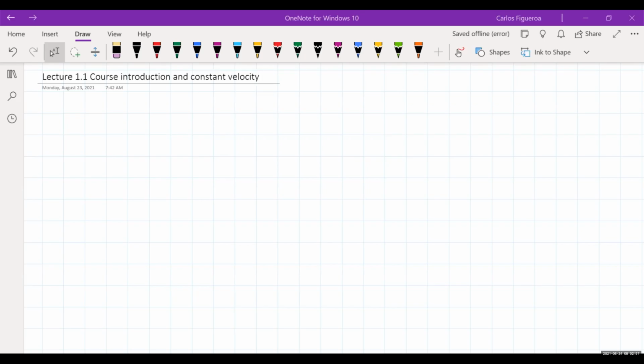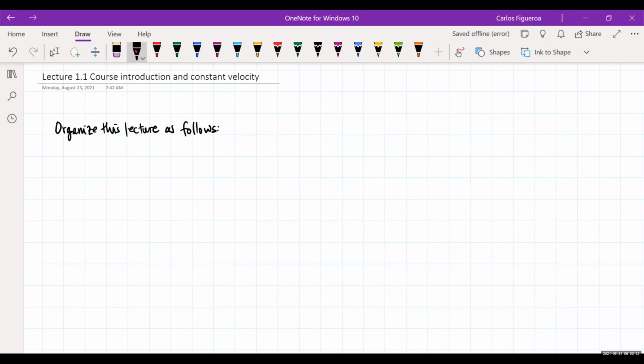So I want to organize this lecture as follows. And this is really the pre-lecture, because I think we need to talk about 3 things before we get started, where we actually get into chapter 1.